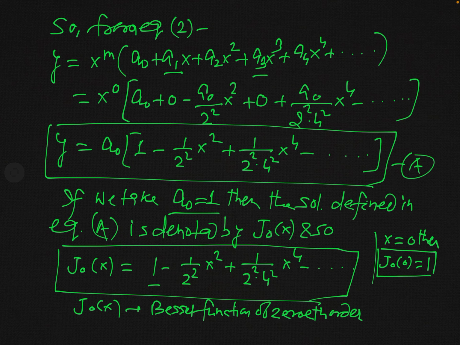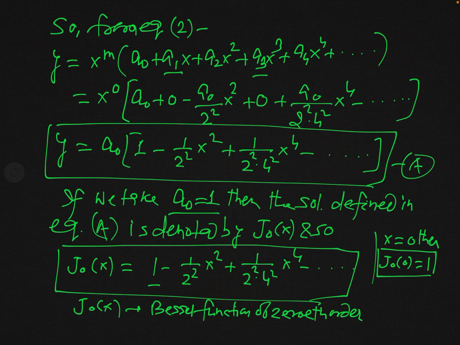So after these 3 lectures, we have seen all the situations in which Bessel equations are solved. In the first lecture, we have seen that when n is neither 0 nor an integer, then there were 2 solutions, Jn of x and J minus n of x, which were called Bessel functions of the first kind.